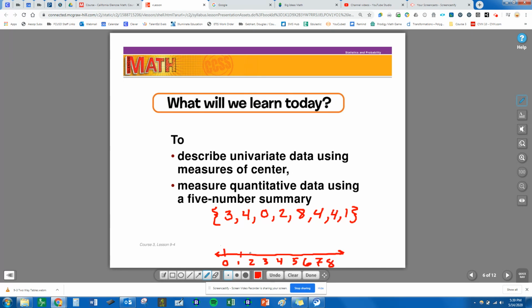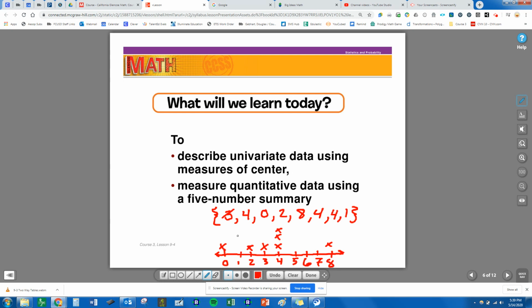And above each number, we're going to put an X where the data belongs. So I just sort of cross them off as I go. Okay, 3 goes here, 4 here, 0, 2, 8, 4, 4.